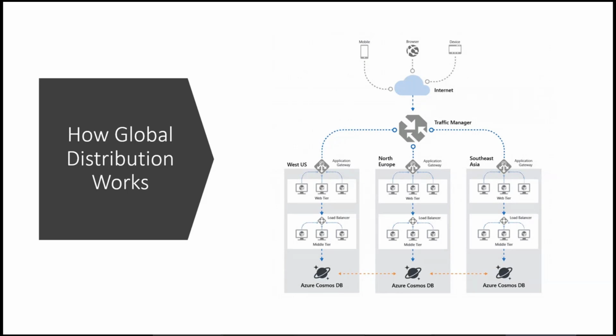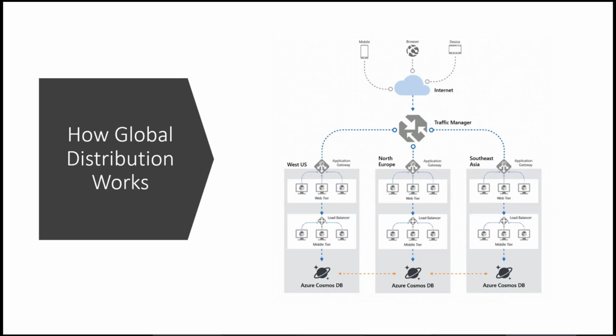Choosing the required regions depends on the global reach of our applications and where our users are located. If we've got customers in the UK, we can deploy a replica of our Cosmos DB account to the UK. If we've got customers in Australia or New Zealand, we can deploy Cosmos DB to Australia and so forth. With Azure Cosmos DB, you can add and remove regions associated to your account at any time.